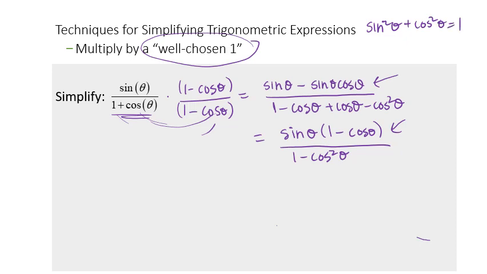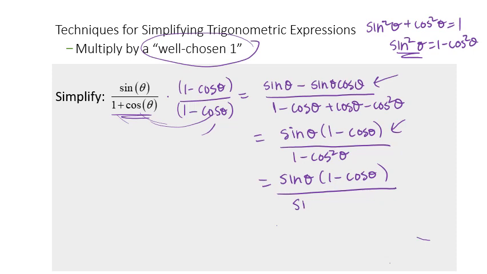So I can replace that 1 minus cosine squared with sine squared. So this is sine theta times 1 minus cosine theta all over sine squared theta. So here you've got one sine on top, two sines on the bottom. So cancel one of those out, and you're left with 1 minus cosine theta over sine.